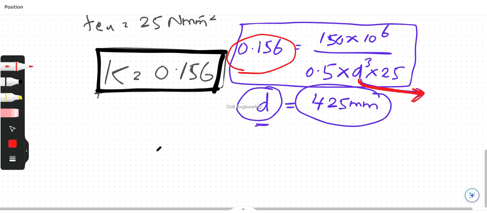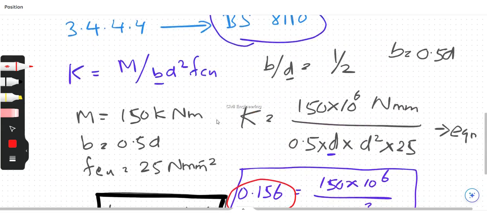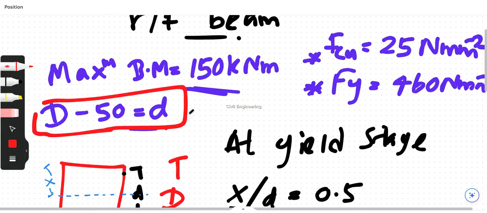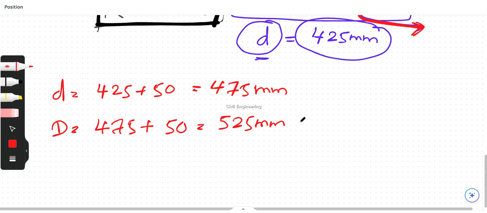Here I select d as 425. I am adding another 50 for my safety, so then it is 475 millimeters. Now the effective depth is 475. As d is equal to total depth minus 50, I can get the total depth as 475 plus 50, which means 525 millimeters.